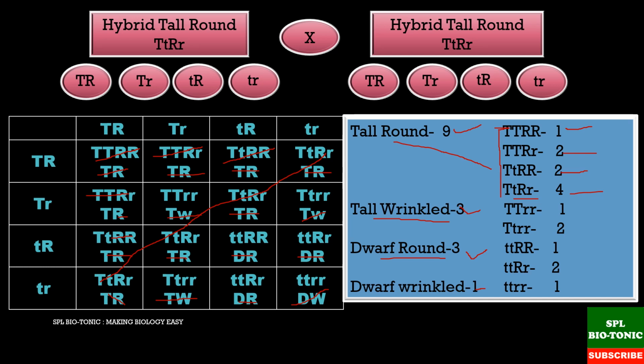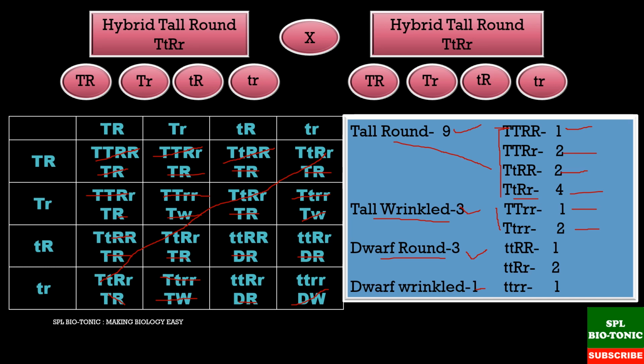Next is capital T capital T small r small r. That is repeated only once in the checkerboard. Then the next genotype is capital T small t small r small r, which is repeated twice in the checkerboard. So these are the genotypes corresponding to tall and wrinkled.